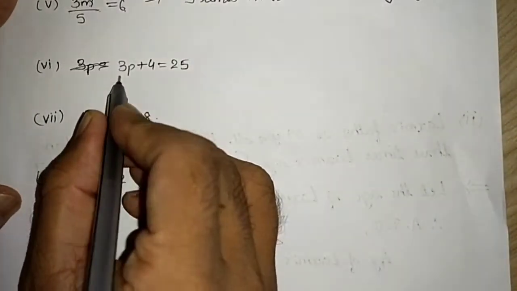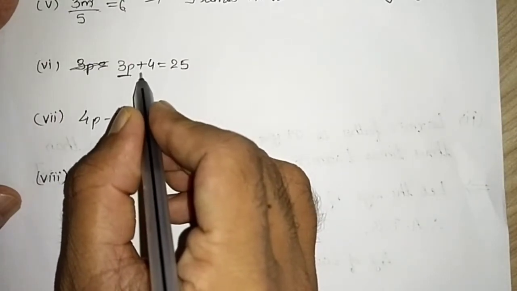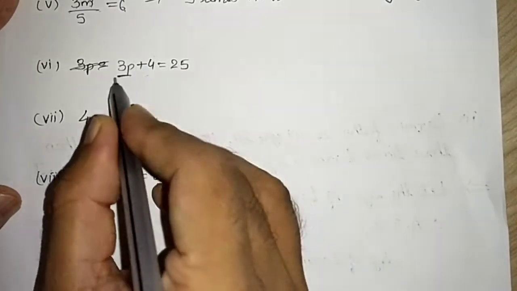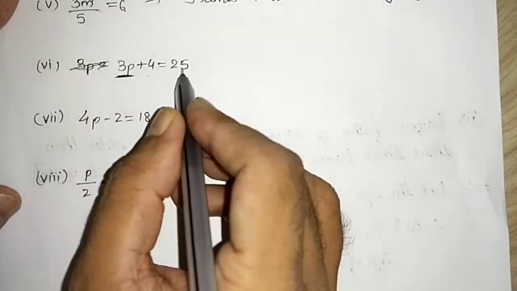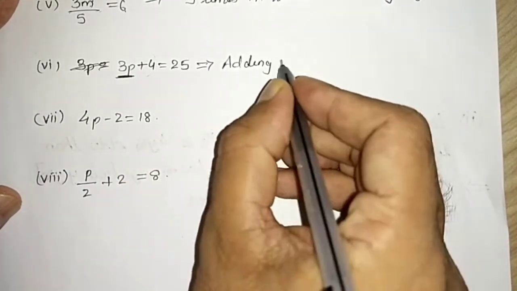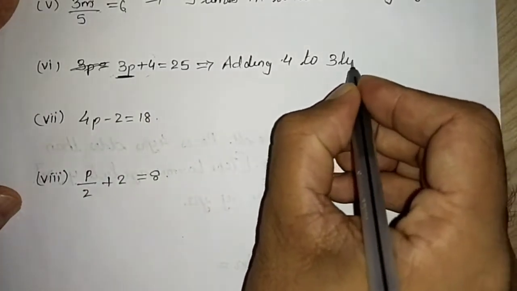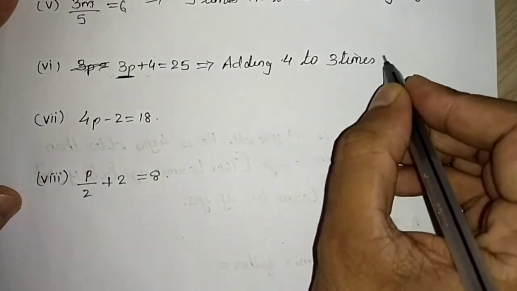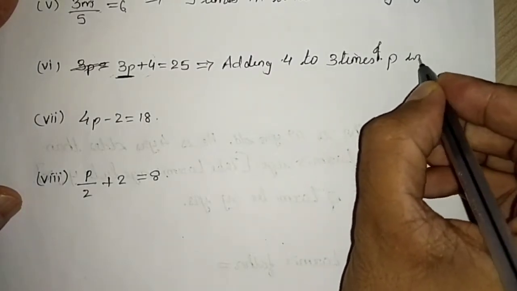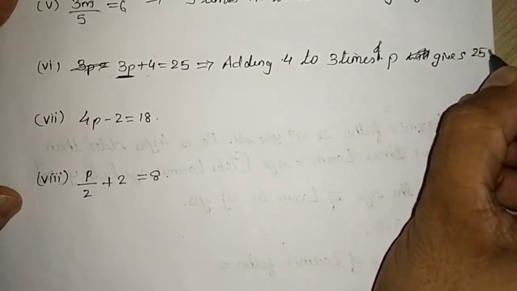Next question, 3 times p. We will write sum of, or we can also write, adding 4 to 3 times of p gives 25.